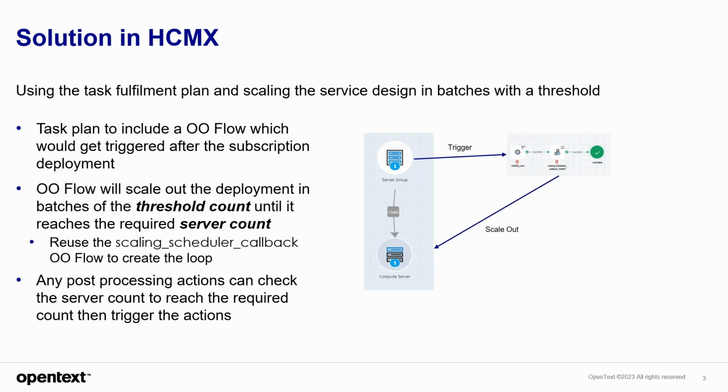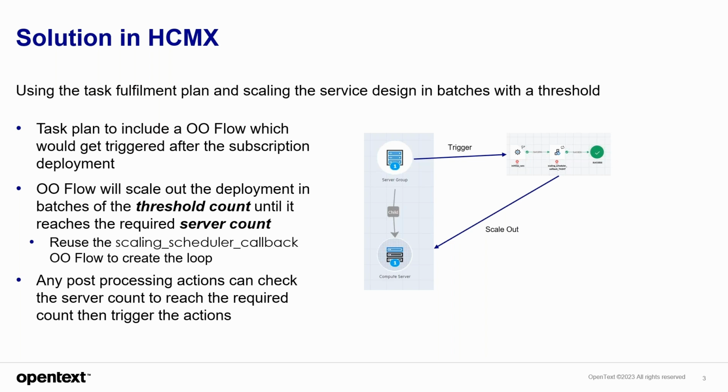The solution we have come up with is using the task fulfillment plan in the offering layer. In HCMX, we have an offering layer where you can add more actions at the fulfillment plan level. So in the offering layer, we attached a flow, and that flow will scale that particular service design.